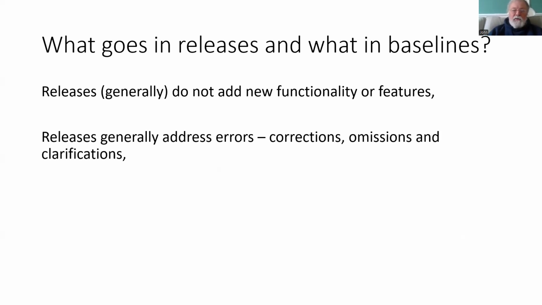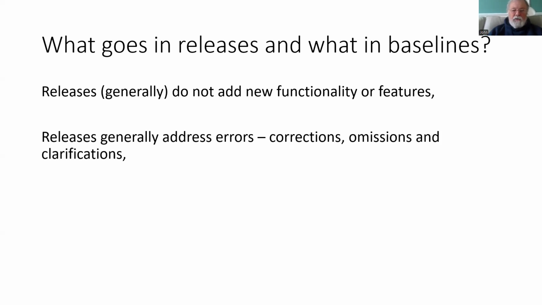So how do they decide what goes into a release and what goes into a baseline? Well, generally, releases will not add new significant functionality or features. They concentrate mainly on errors, things which need correcting, things which have been omitted, or things which need clarifying. Wherever possible, a baseline is avoided since it is a significant change to the system.